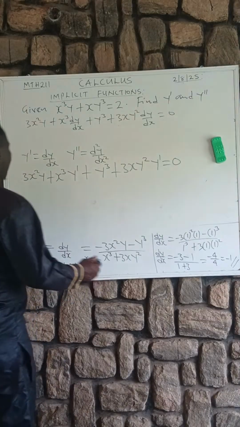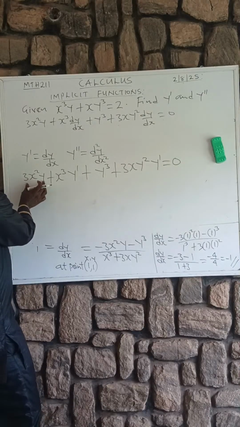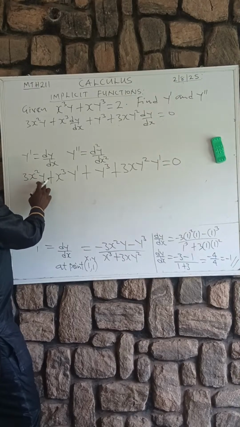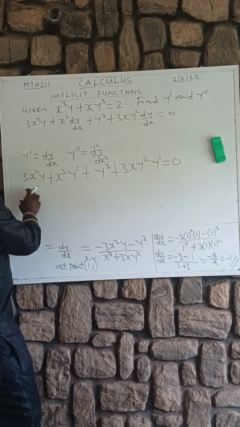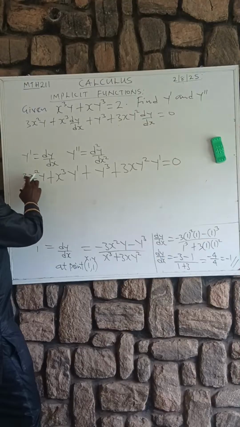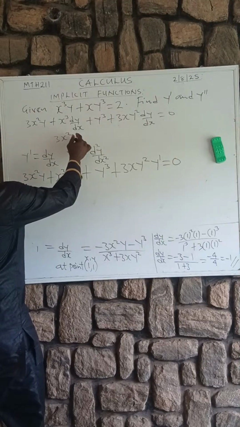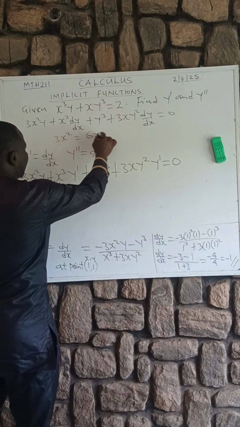So what we need to do is let us differentiate this. If we differentiate with respect to x, we are going to hold y constant, two of us. Just like differentiating 3x squared, we are supposed to have 6x.